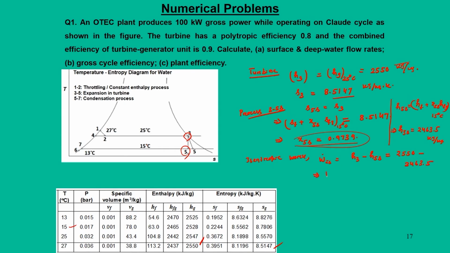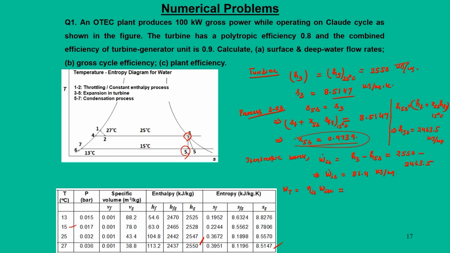So, we get isentropic work from the turbine as 86.4 kilojoule per kg. Then turbine work WT will be efficiency of the turbine times isentropic work.